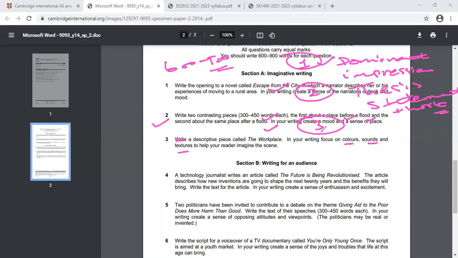Now let's talk about structuring of your paragraphs. So for example, you're talking about colors, right? If you have different ideas related to colors at your workplace, you may organize your paragraphs accordingly. Let's suppose if you have two ideas related to colors. The first one is perhaps you're talking about colors in the premises, right?